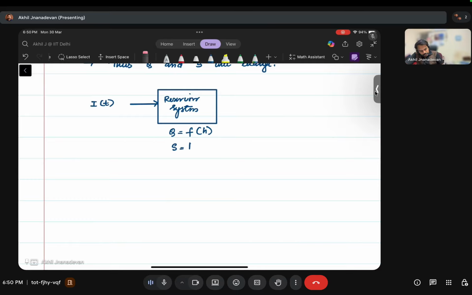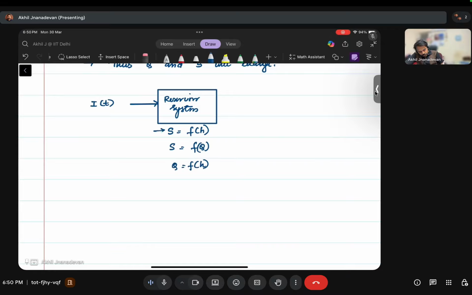So we can say in this way, in a reservoir, storage is a function of H, right? And this is obviously clear. And for a reservoir system, we also know storage is a function of Q. So from this we can say Q is a function of H, right?